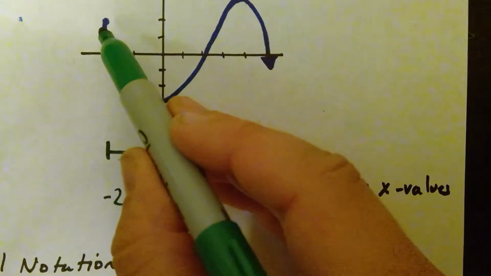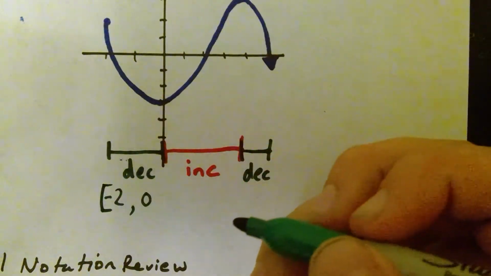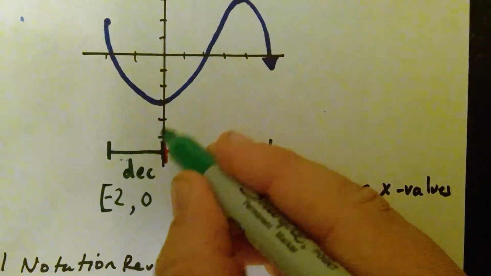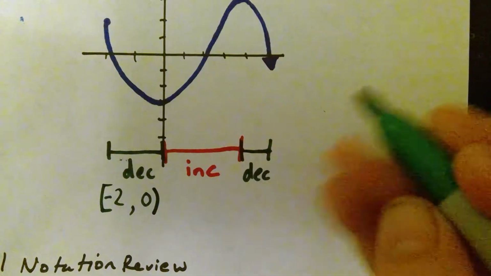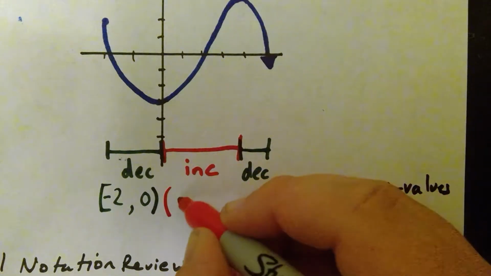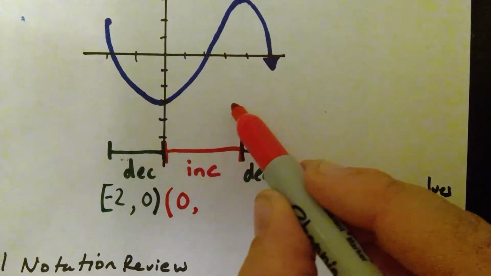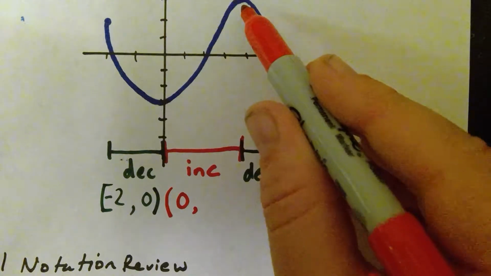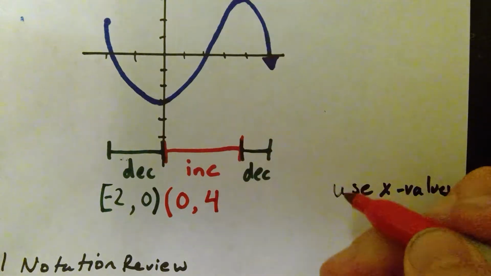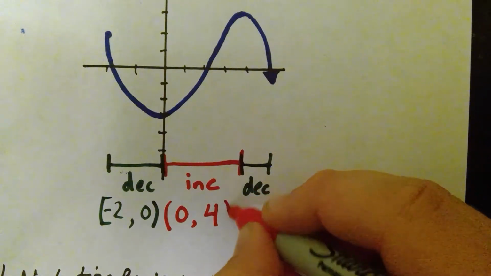Now, what I'm going to do at this point, since it's a dot, it becomes a bracket. Since I'm turning right here, I have to have a parenthesis. Okay, now my increase. Parenthesis, 0, because I start increasing at 0. And we're increasing until we get to x equals, looks like about 4. Okay, now since that's a turning point of my graph, I'm going to use a parenthesis again.